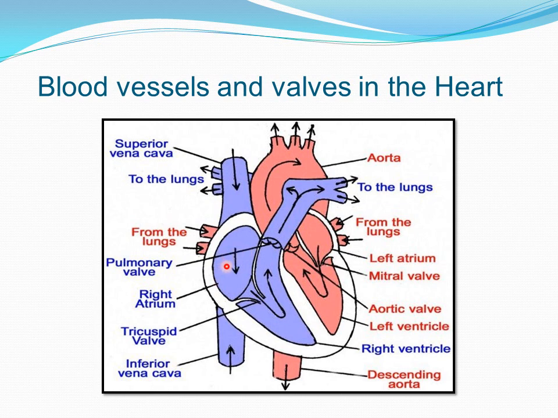So all this deoxygenated blood gets pushed into the right ventricle, which in turn pushes it out through the pulmonary artery to the lungs. This pulmonary artery rises from the right ventricle and carries deoxygenated blood to the lungs for purification.